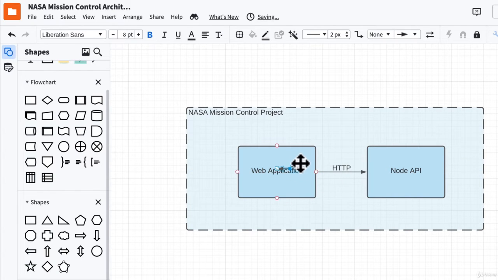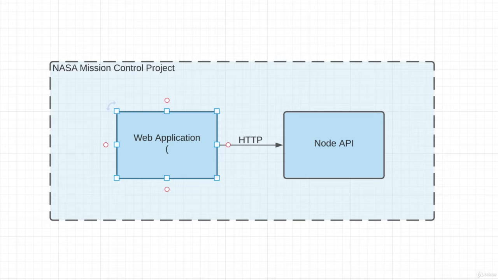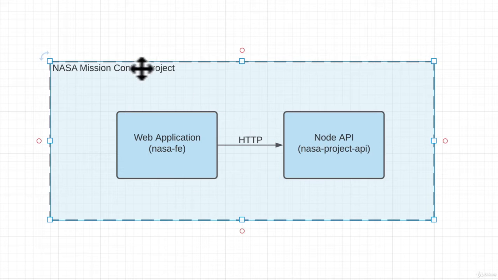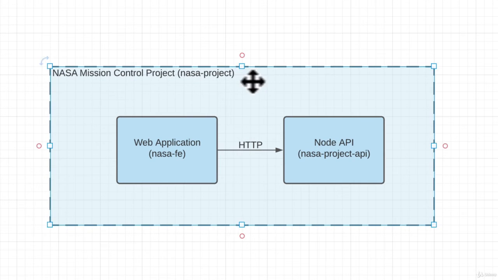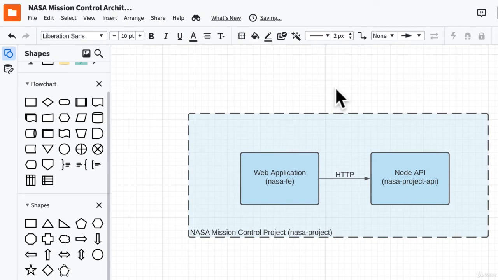So I'm going to update our web application here and say that this is the NASA-FE project. Our Node API is NASA-project-API, and our entire mission control project is NASA-project, which I'll move to be justified at the bottom of this box.